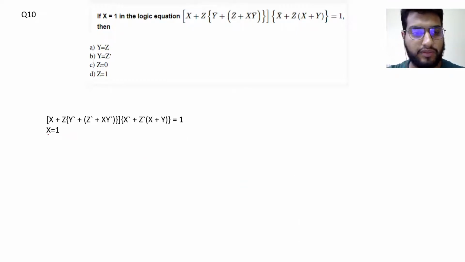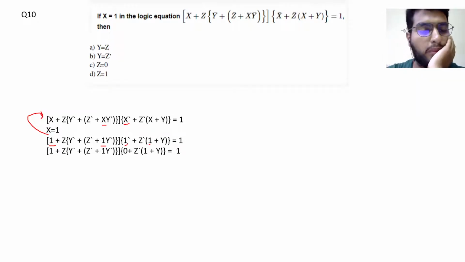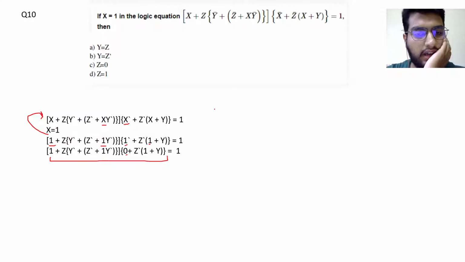Replacing x by 1, 1 complement is simply 0. And we know that 1 plus any x is equal to 1, so this entire term reduces to 1.